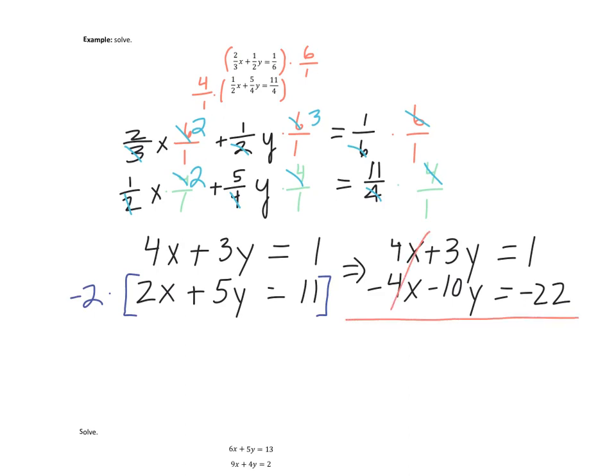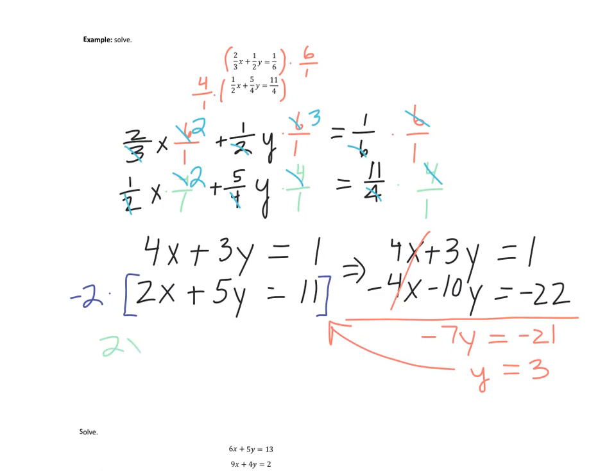All right, and then 3 minus 10 is negative 7y. And 1 plus negative 22 is negative 21. So divide by negative 7, and y is 3. All right, so let's figure out what the x is. So I'm going to plug in to the bottom.